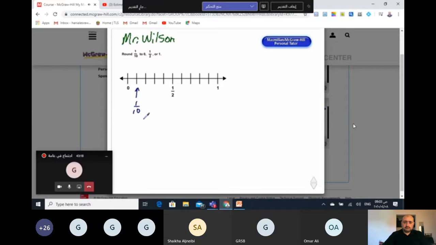In looking at this number line, we can see that 1/10 is closest to 0. 1 is 9/10 farther away. So 1/10 is closest to 0.